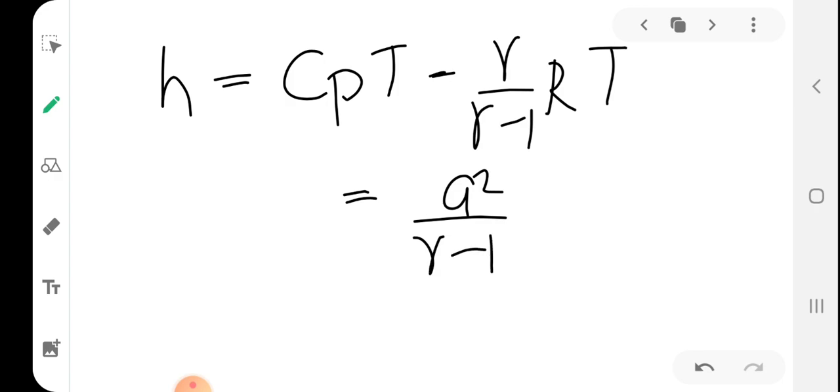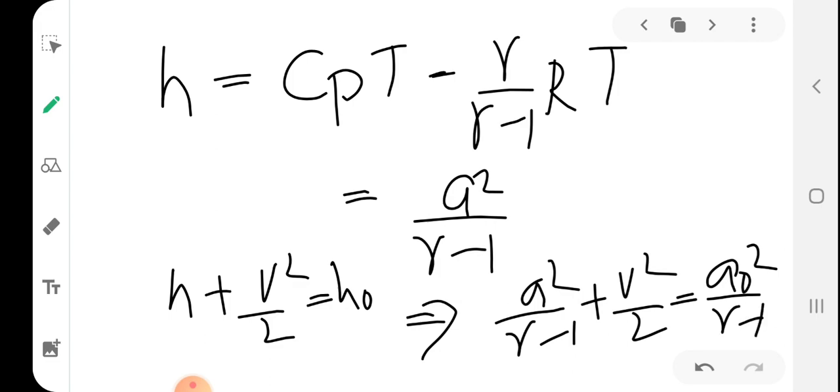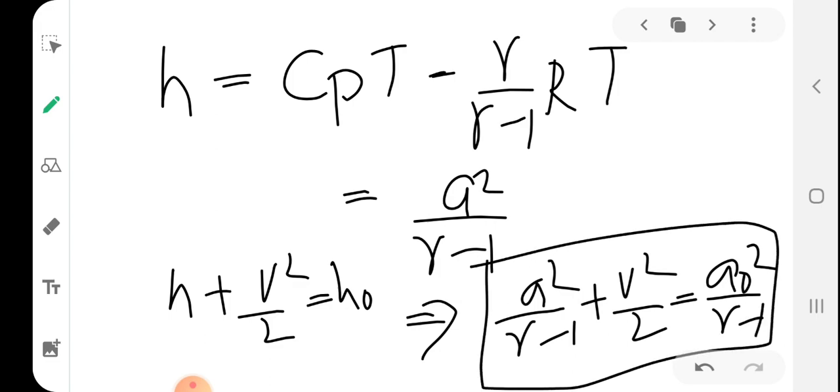We have already studied the adiabatic energy equation: H plus V square by 2 equal to constant. So instead of H we can write A square by gamma minus 1 plus V square by 2 equal to H0. So H0 can be written as A0 square by gamma minus 1. We studied this equation in the first module.